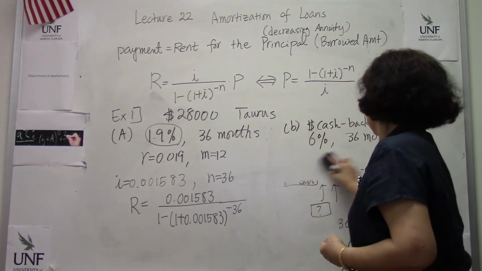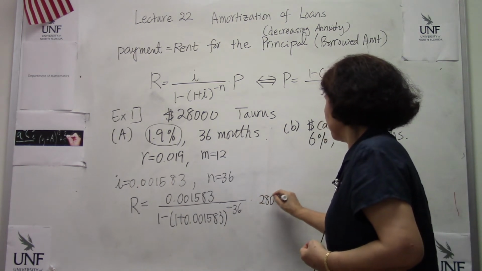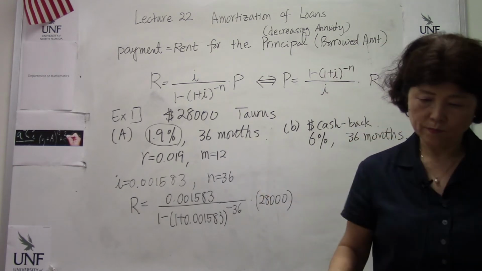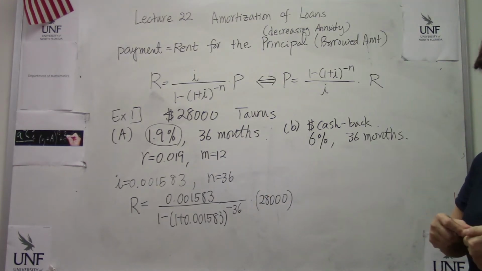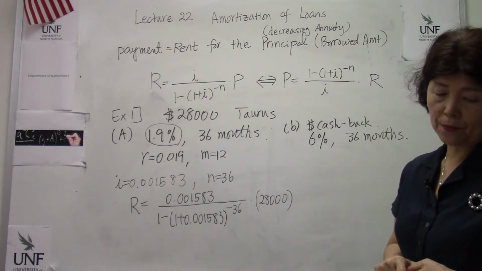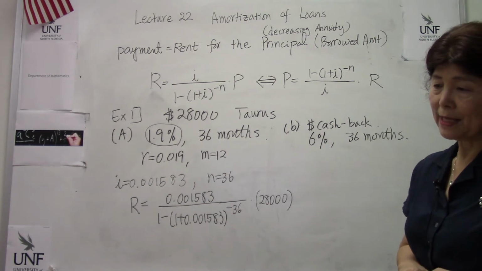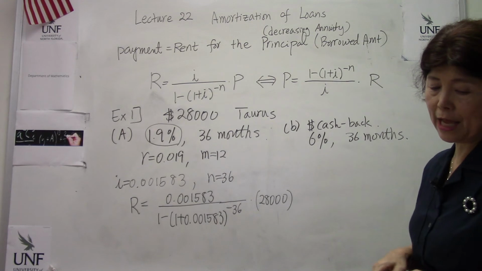And then times 28,000. Okay, I want you to compute. Again, this is negative power, so find the negative sign, not the subtraction sign on the calculator key.